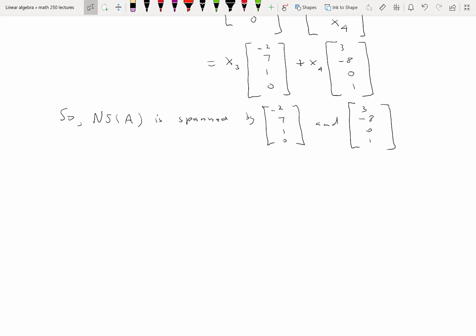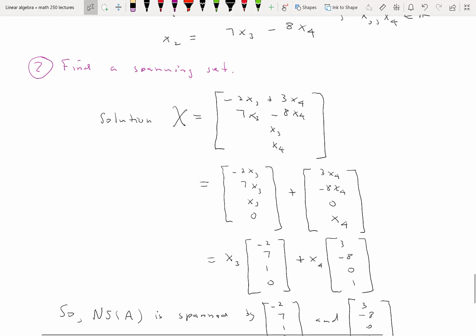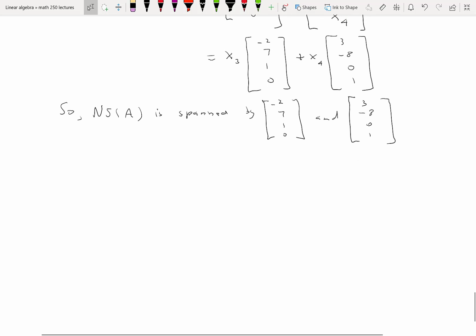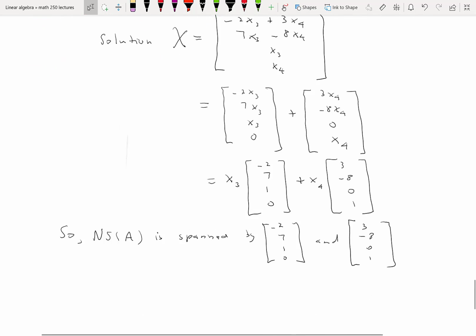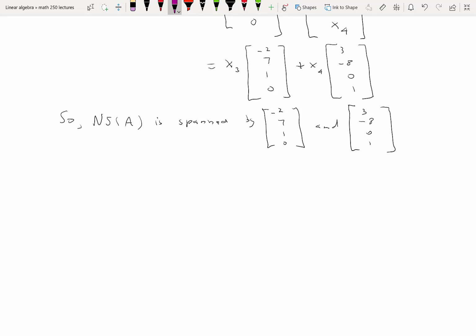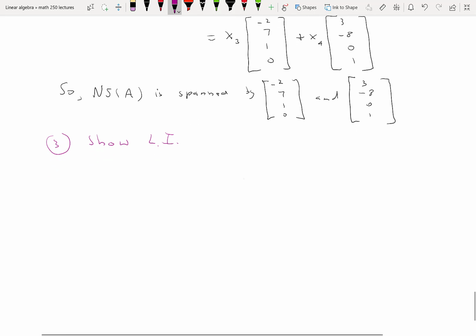Okay, so part 2 was to find a spanning set. Number 3, show linear independence. This is the second part of a basis. Now this is not going to be difficult.